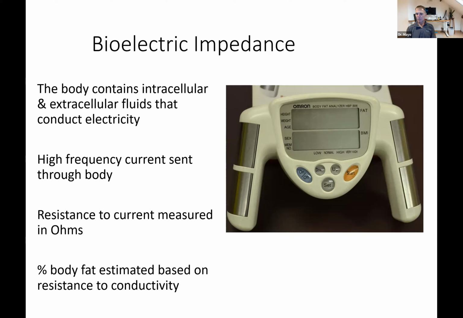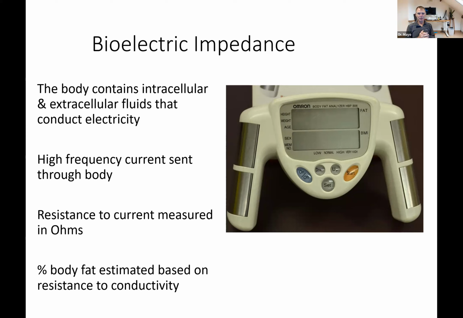So the way this works, and you see this picture, these little places, you call them electrodes, you put your hands on the sides here. It sends a really small electrical current from one hand to the other hand.